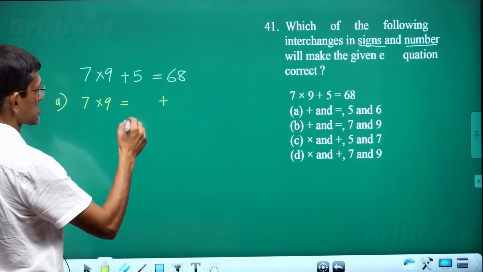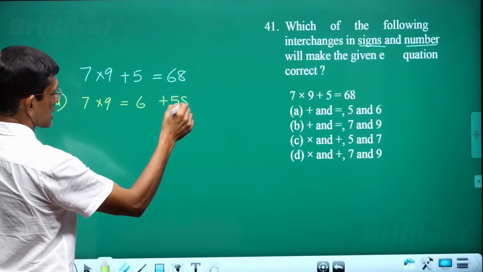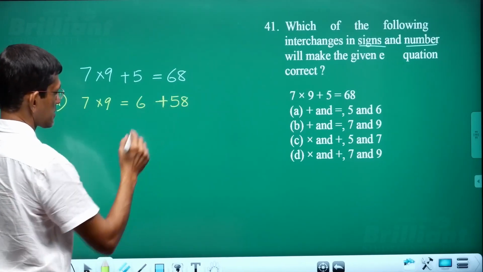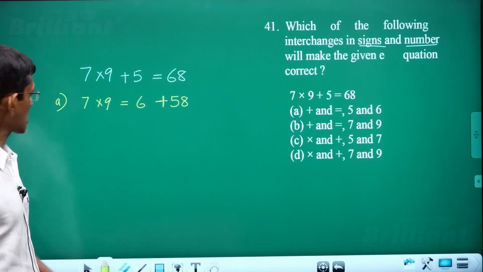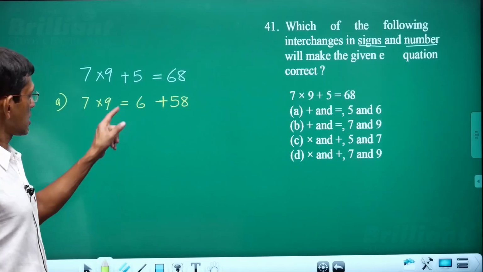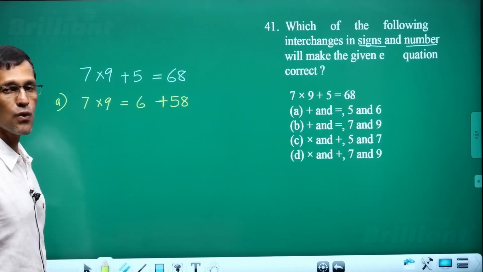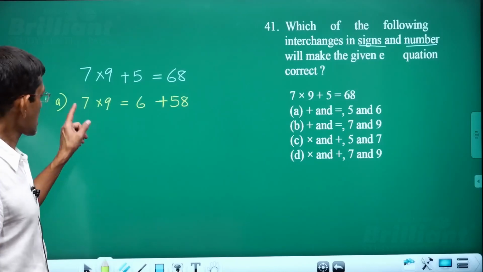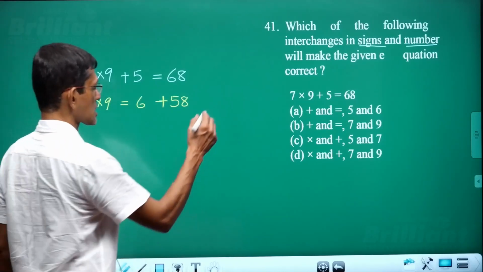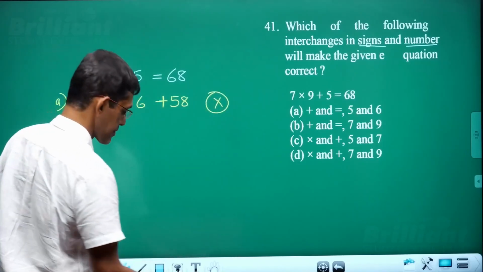And 6 goes here, and 5 goes here. Now 7 into 9, everybody knows that it's 63. 58 plus 6, how much is that? 64, right? So that means 63 equal to 64. Doesn't work. So answer choice A is not correct.